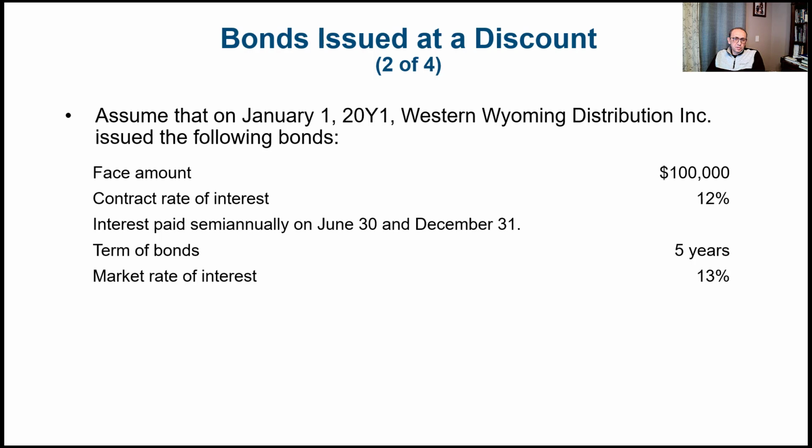And the market rate of interest is 13%. So 13% is higher than the stated interest rate, the coupon, or the contract interest rate. Because it's less attractive, we expect that the issuing price, or the proceeds received from issuing these bonds, are going to be less than $100,000.